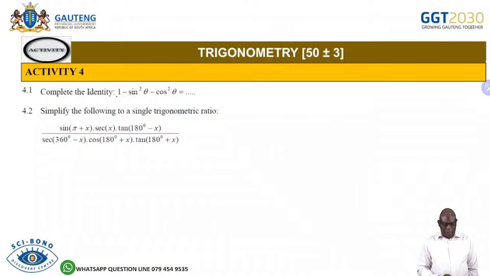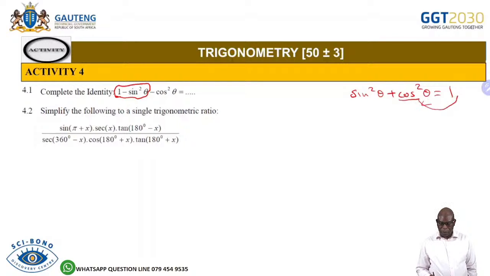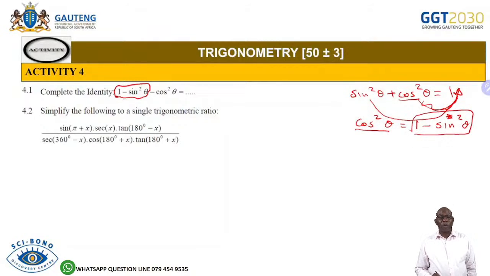So 1 minus sine squared theta. Look at this. Do you still remember the famous one? Sine squared of theta plus cos squared of theta equals the famous one, 1. If I take this side, I'll have cos squared of theta equals 1 minus sine squared of theta. So 1 minus sine squared of theta is the same as cos squared of theta.